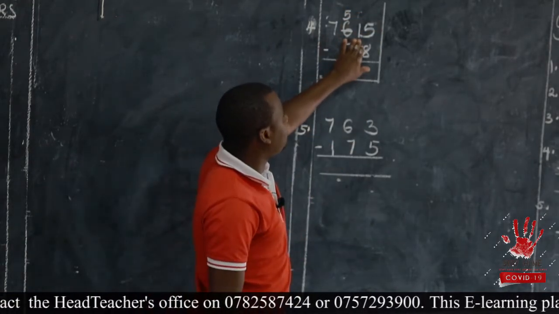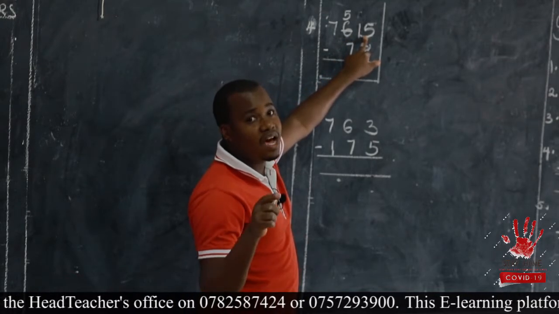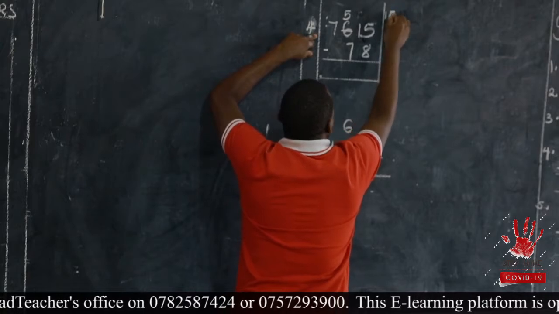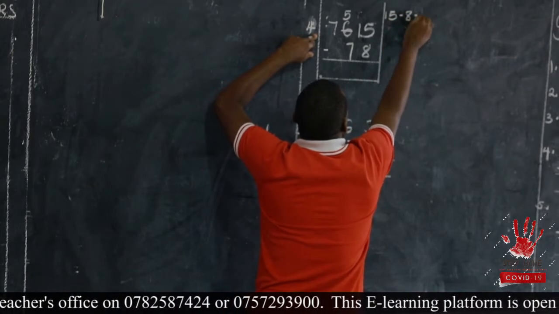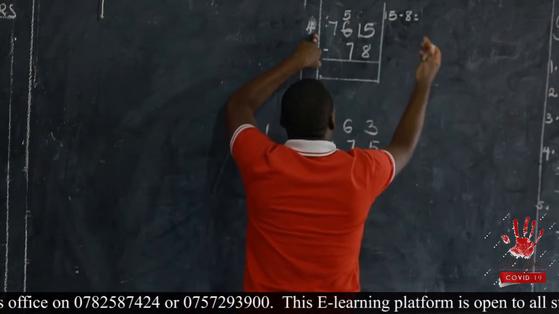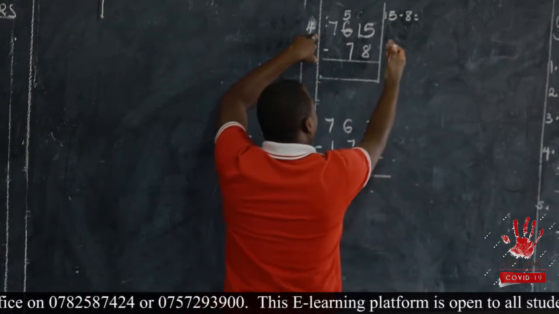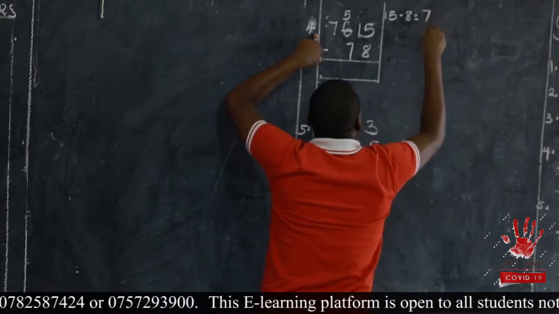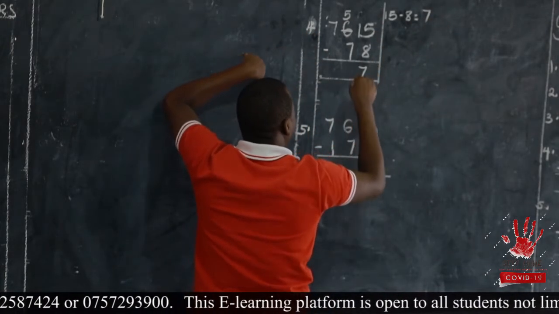So when we take 110, we add it to 5, we shall now have 15. So then you come in your part of work and say 15 take away 8. What is 15 take away 8? I told you can draw balls if you wish so. If you are not sure of the answer, you can draw balls and cancel. But 15 take away 8 is 7. So I come and write here 7.